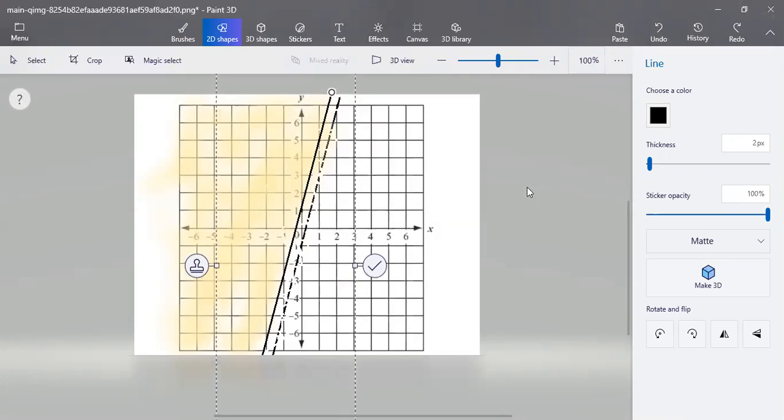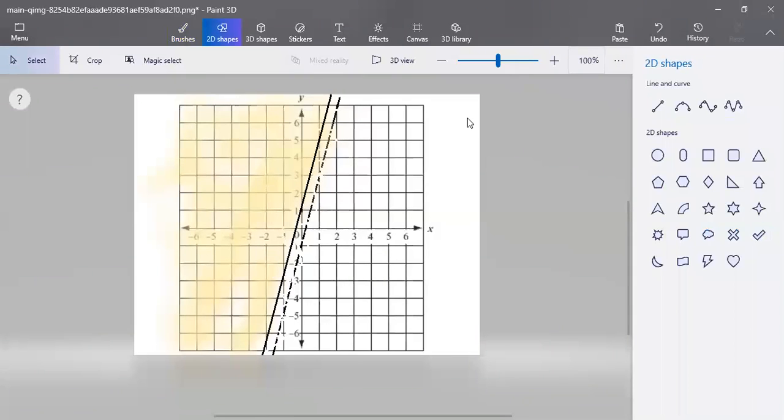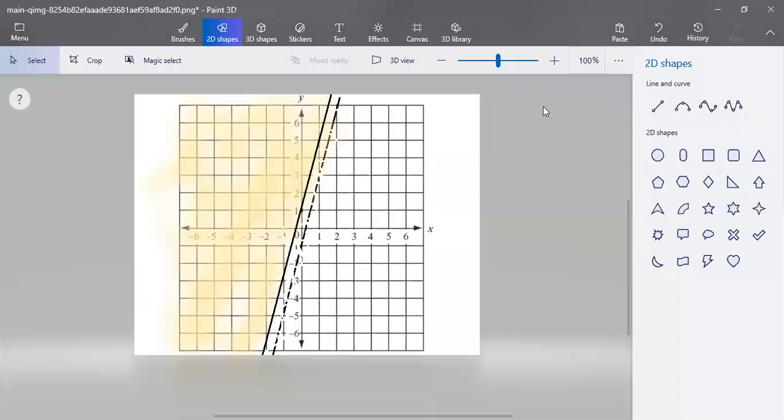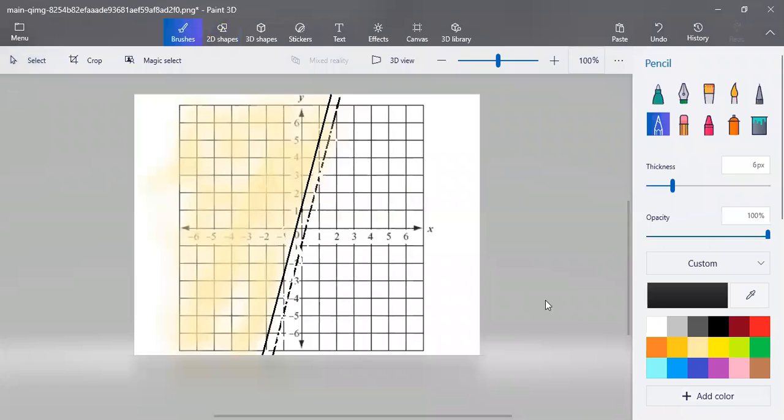Okay, now is it going to be a dotted line or solid line? Of course it's going to be a solid line, because it says less than or equal to, which means now we'll have to shade the parts which are below the line. So let's shade the part which is below this line. Okay, I'll choose this color here.